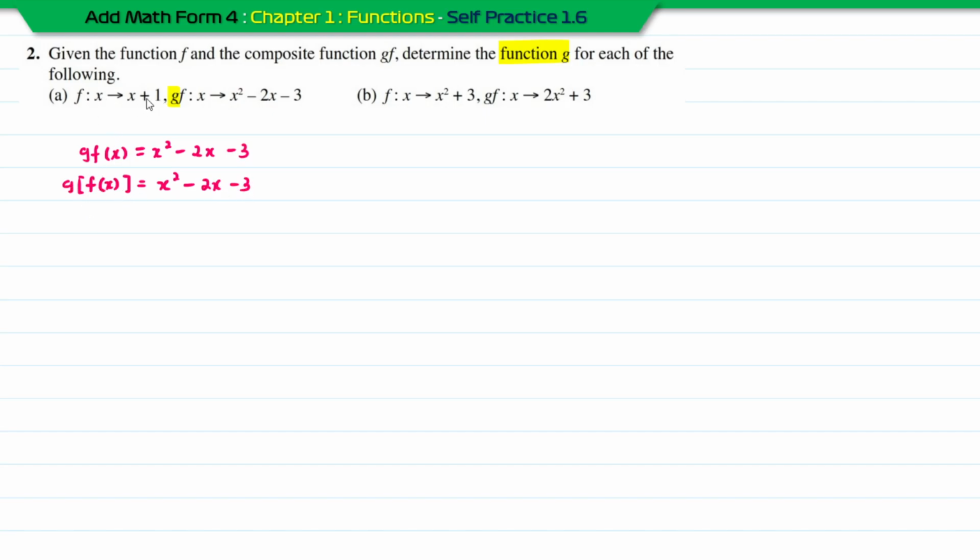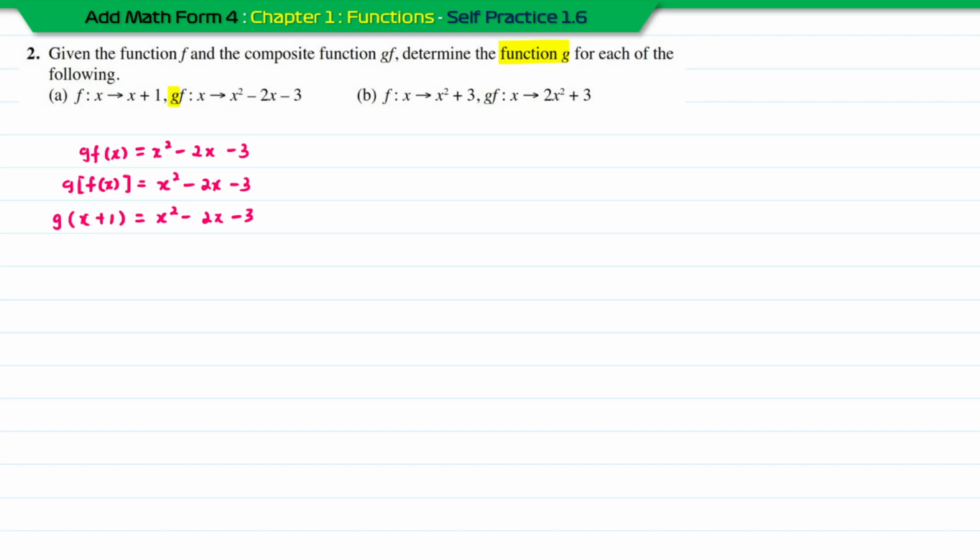The function f is given, which is x plus 1. If you insert this x plus 1 into the x in our function g, this is the answer that you're going to get. But we don't have the function g, so we don't know where to insert this x plus 1.